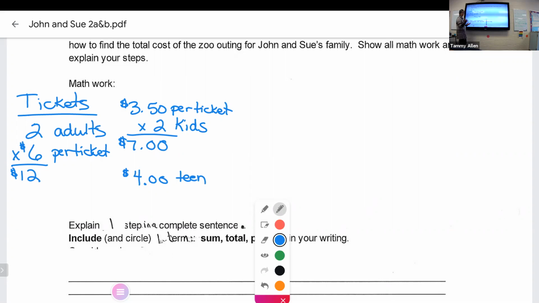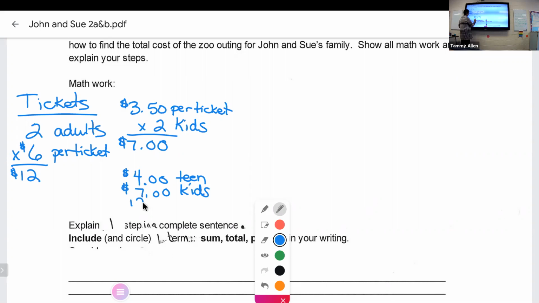What are we adding to it? $7 for the kids? Anything else?